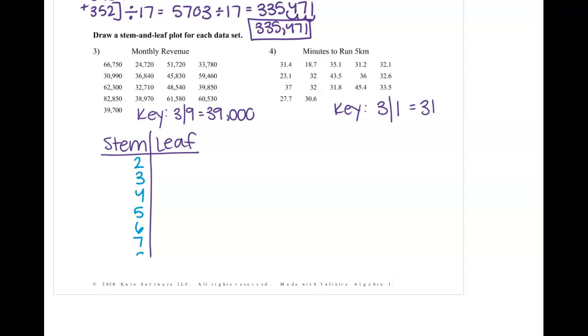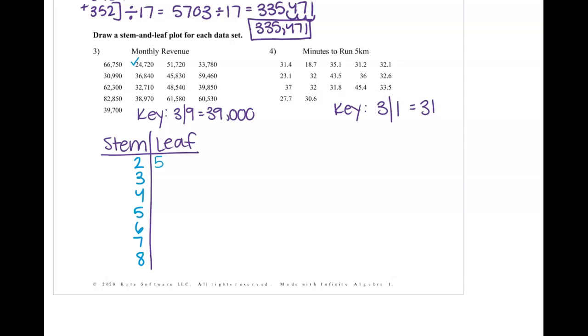The highest value we see is an 8. Okay, so now we'll look at our values. Everything's starting with 2, and we're going to round to the nearest 1,000. So, looking for my 2s, there's a 24,720. That will actually round to 25,000, so that'll be a 5 right there. It's the only 2 we have.